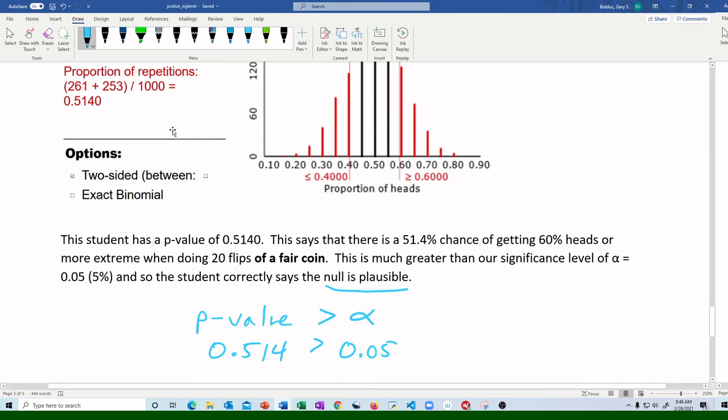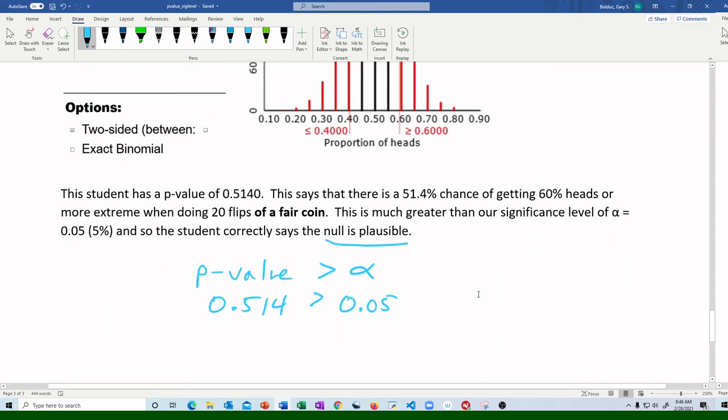The one thing I'll say here is this action of us saying the null is plausible also has a corresponding percentage chance you mess this up. It's just much more complicated than being able to pick out alpha, so we're not really going to talk about that in this class. But just to remind you, there's two conclusions you can make: null is plausible, or reject the null.